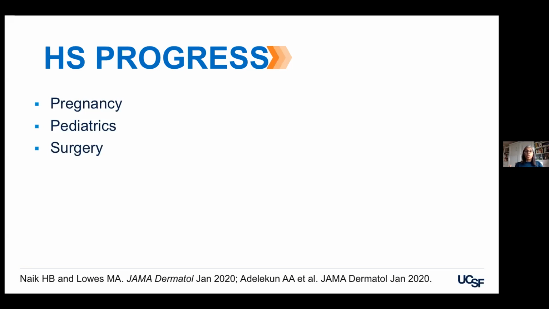And what we've tried to do is to use HS Progress to systematically collect data on HS patients, certainly more broadly, but also in these specific groups across the country, so that we can begin to better answer questions that pertain to patients that fall in these categories.